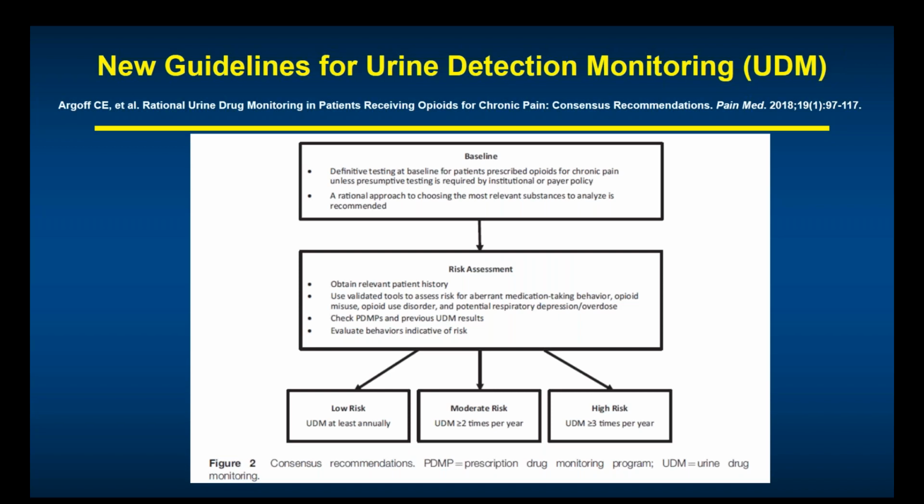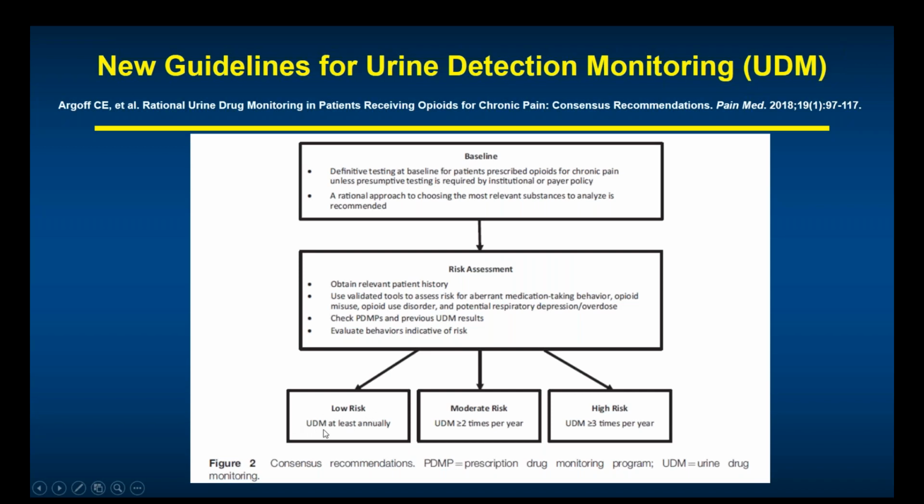And these guidelines put forth recommendations that are evidence-based for how often we should monitor patients with urine detection for their opioid use. And obviously at baseline, before we start patients, we really should have a practice for urine detection monitoring. But it also talks about if the patient's at risk, what would you do?